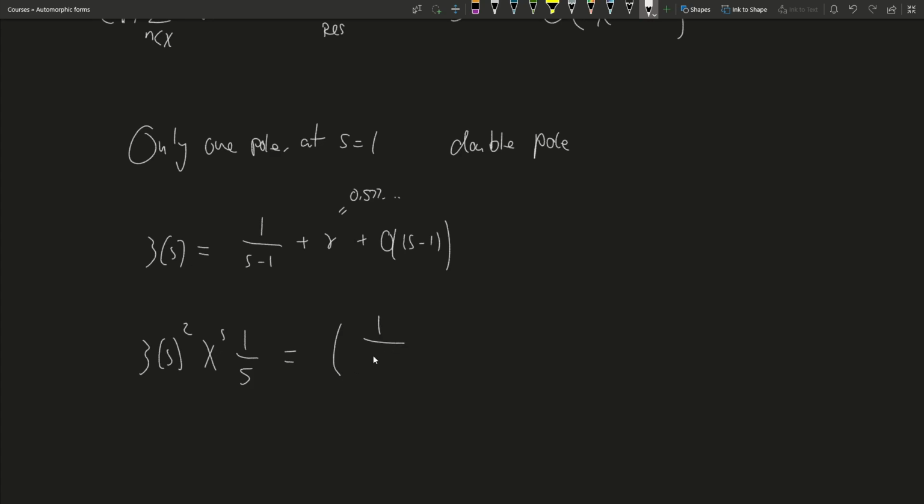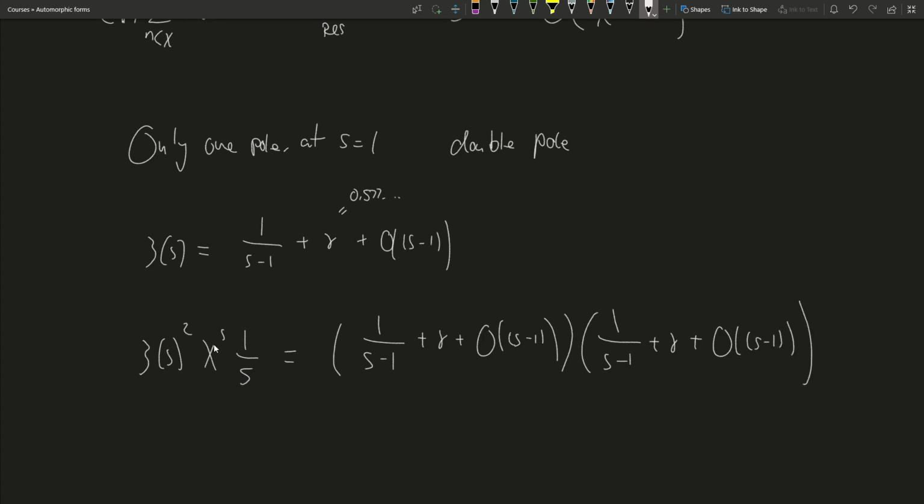So we have 1 over s minus 1 plus gamma plus O of s minus 1. And then we're going to have two copies of this: 1 over s minus 1 plus gamma plus O of s minus 1.